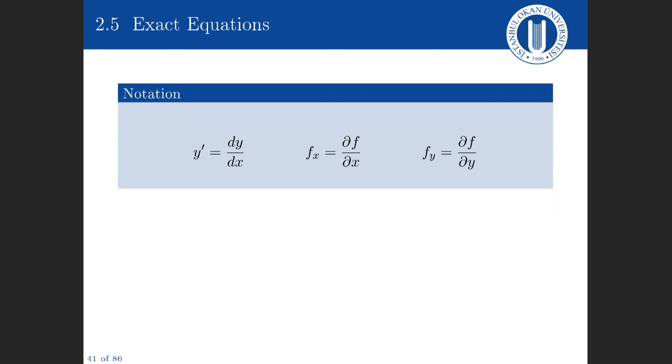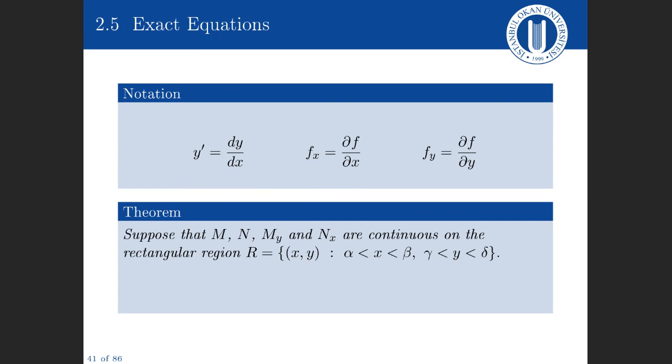Let me just remind you. For ordinary derivatives, we use ordinary d's, or we could use prime notation. For partial derivatives, we use curly d's or subscript notation. f subscript x means the partial derivative of f with respect to x.